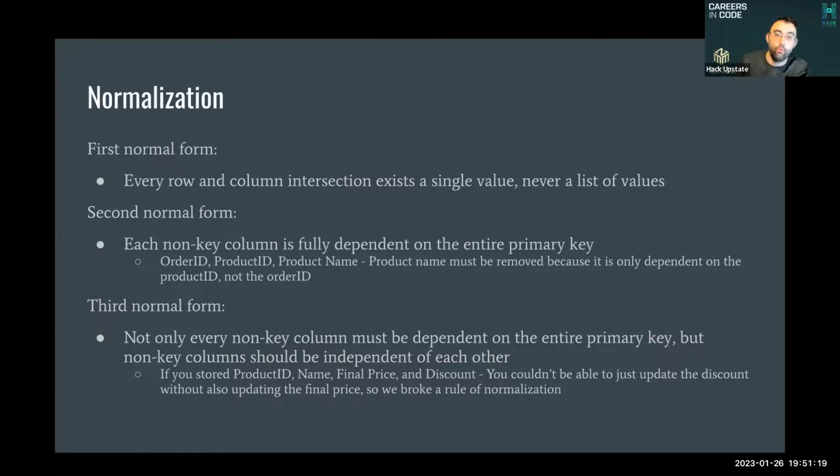In other words, if we have an order table and it's got a final price and a discount, the database is saying that we should be able to update the discount and not have to update any other column in that row and still have the data make sense. In other words, don't store calculated values.